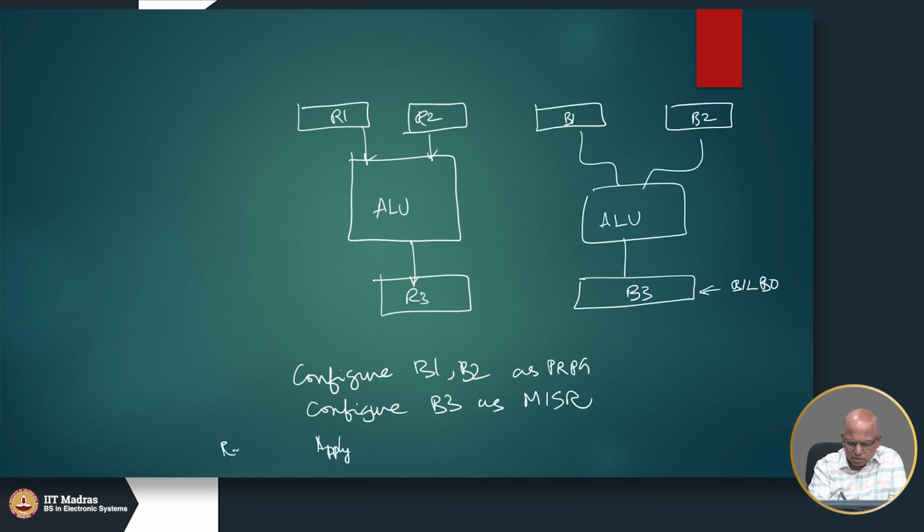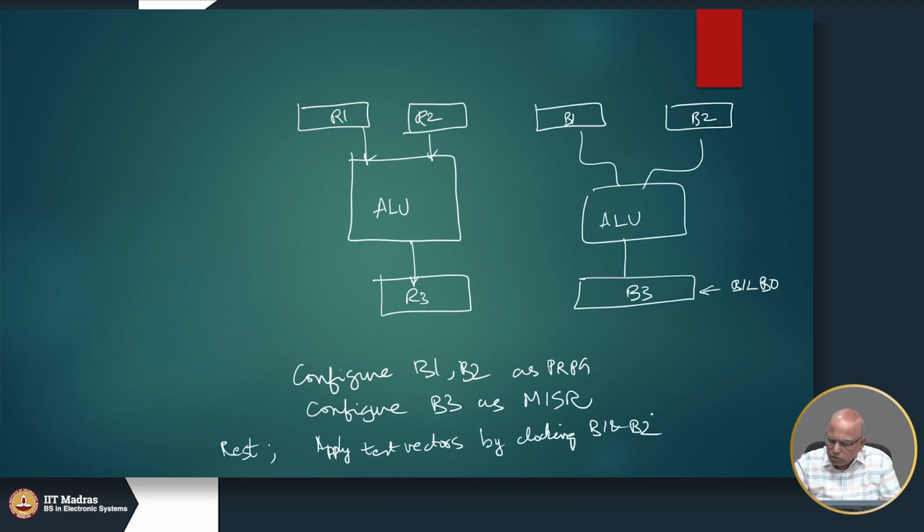Okay, apply reset, apply test vectors. Okay, that means random test vectors by clocking B1 and B2. So random values will be applied to the ALU, and the output of the ALU will be compressed in B3. So we can do, let us say, a certain number of vectors.